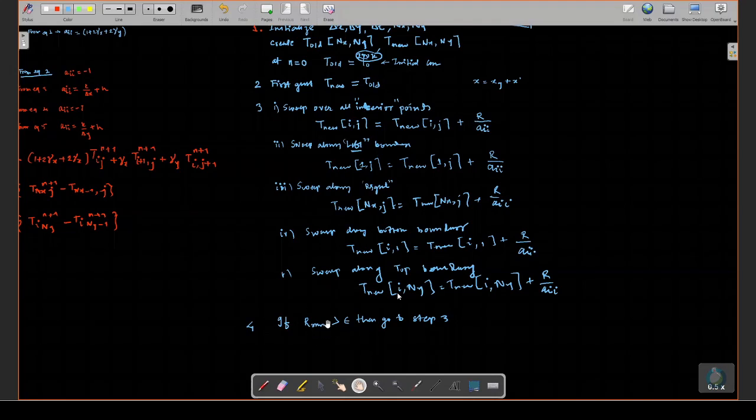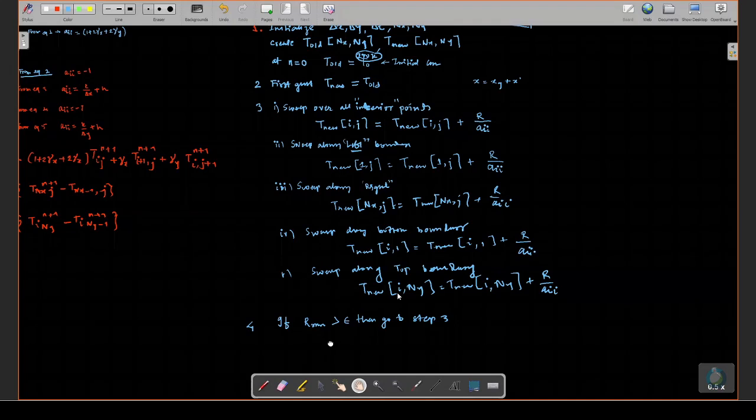Okay, residual RMS. Now I'll show you the convergence criteria for this. The RMS criteria can be written in various ways, so I'll give that criteria later.